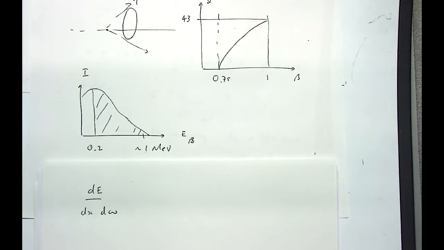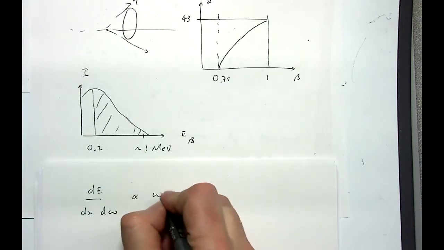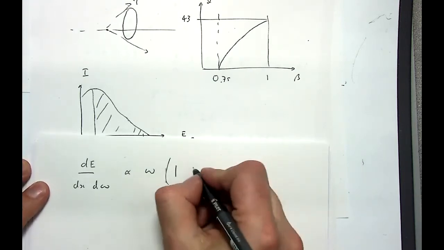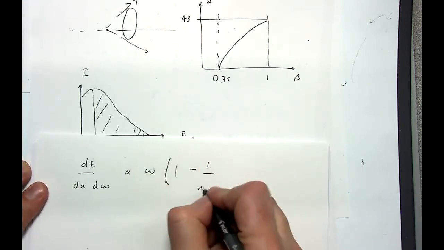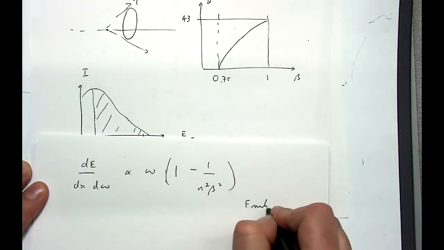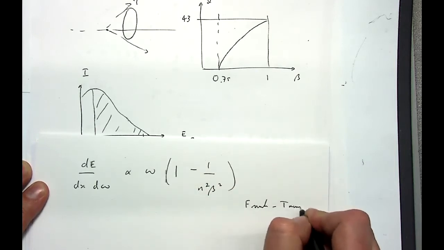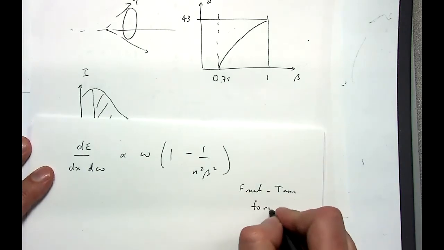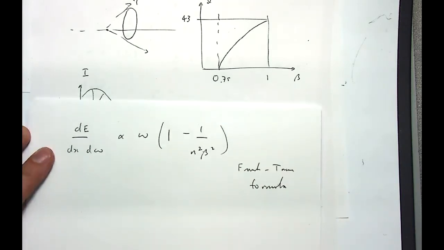And it turns out, according to the Frank-Tamm formula, that it's proportional to the frequency, and some other factors. Ilya Frank, I can't remember his name, can't remember the other one's name. Anyway, Frank-Tamm formula.